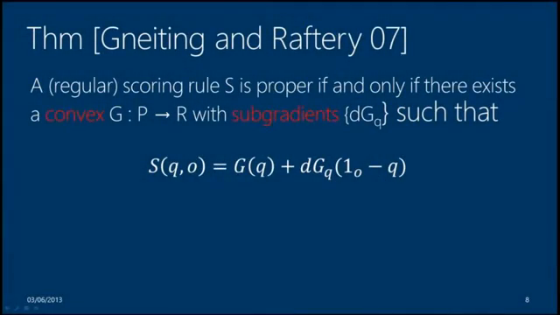So there's been quite a bit of work on this scoring rules literature, and in fact there's a very nice characterization theorem that actually goes back to the 60s in its original form, but stated in a nice general and modern version by Gneiting and Raftery, and they showed that a scoring rule is proper if it's derived in this particular way from a convex function and the subgradients of that convex function.